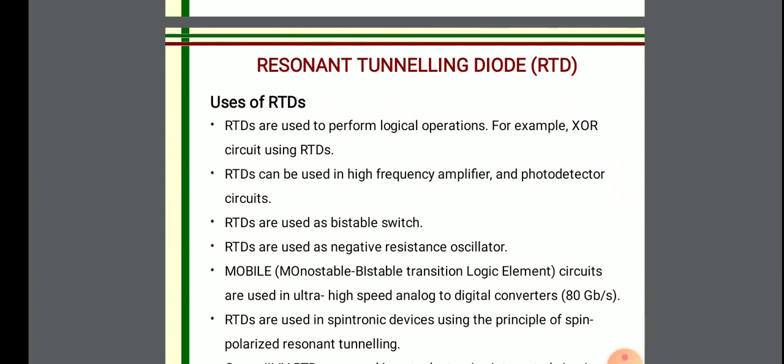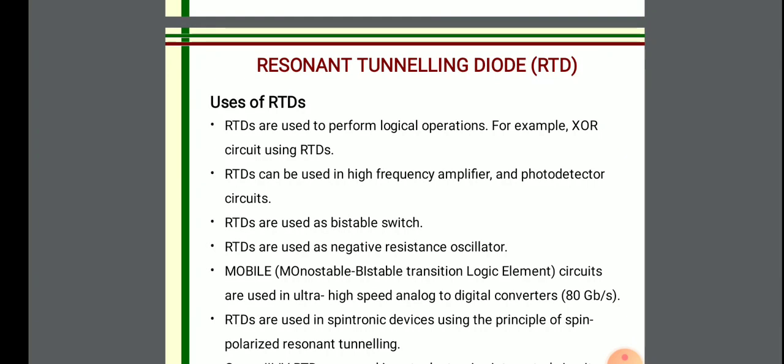Applications. It is used to perform logical operations. Logical operations means, we know, AND, OR, NOT like that, right? For example, XOR circuits using RTDs. It is used in high frequency amplifiers and photodetector circuits, and it is used as a bistable switch. Bistable, in the sense, bi means two stable states switch.